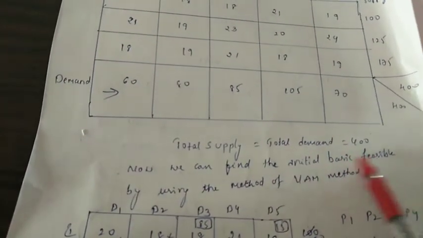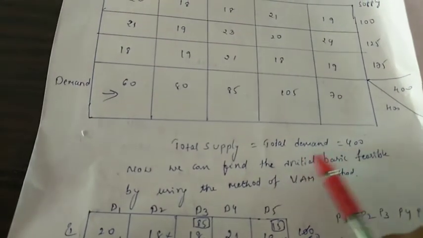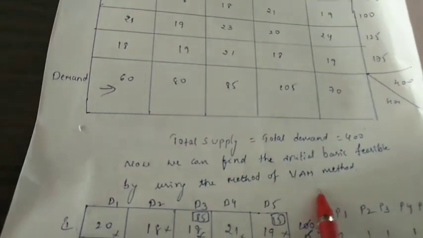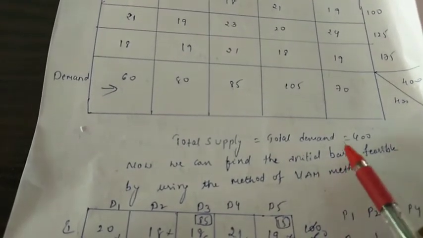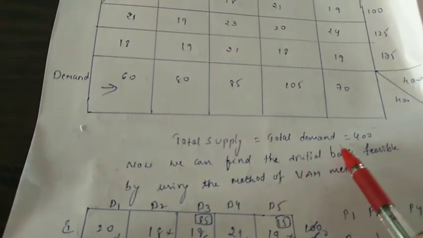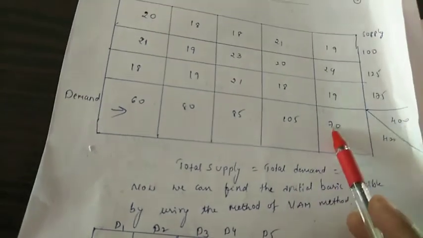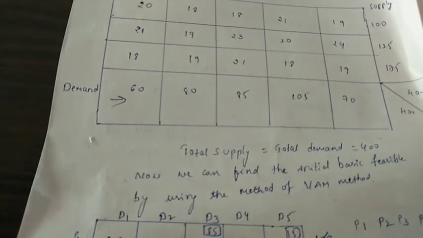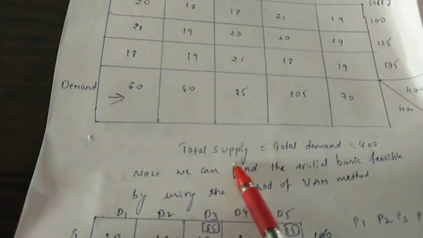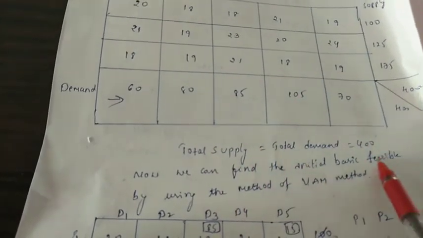If it is equal, then you can find the initial basic feasible solution. If total supply does not equal total demand, you can balance the problem, and then find the initial basic feasible solution.